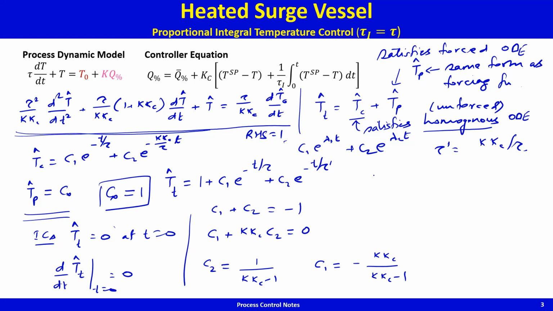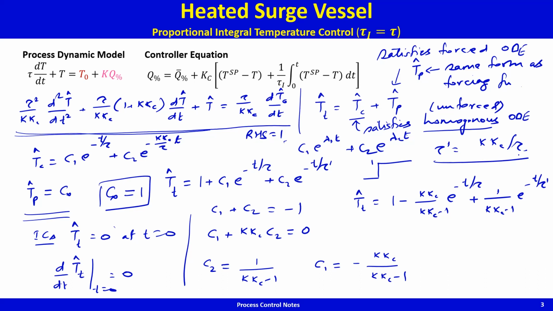So what this gives is, if the forcing function was a unit step, then t would be 1 minus kc upon kc minus 1 e to the power minus t by tau plus 1 over kc minus 1 into e to the power minus t by tau prime, where tau prime is this chap.